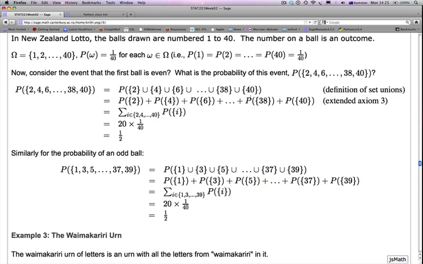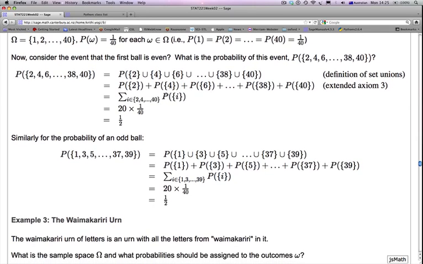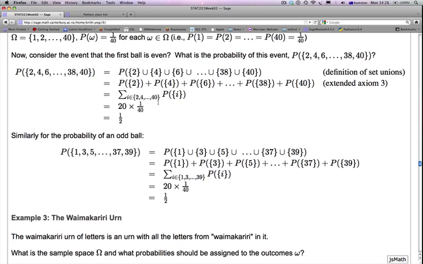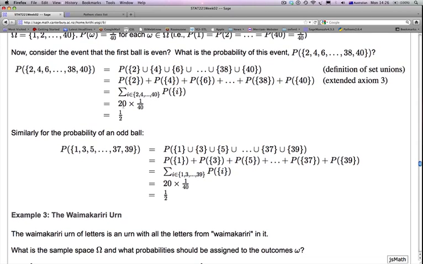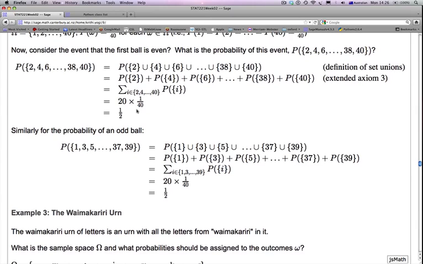The union of a collection of disjoint events has a probability that is simply the sum of the probabilities of each event. We simply add them. This is just a summation, adding all these even numbers' probabilities. And there are 20 of them, so this sum is simply 20 times 1 over 40, because there are 20 items of probability 1 over 40 that we are adding.